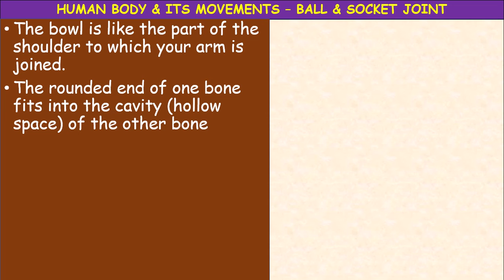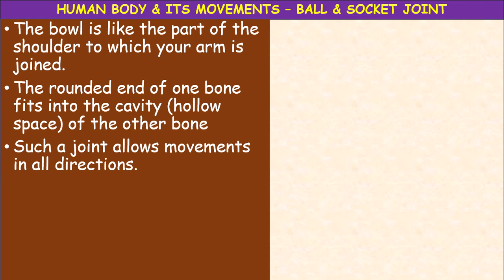The rounded end of one bone fits into the cavity. Cavity means a hollow space. The round end of one bone fits into the cavity of the other bone. Such a joint allows movements in all directions.